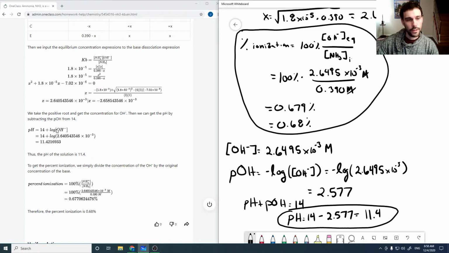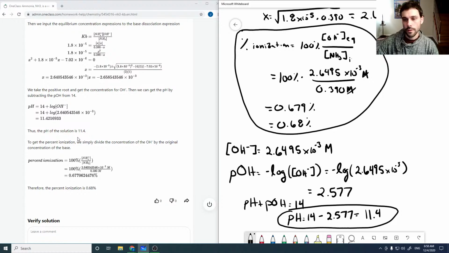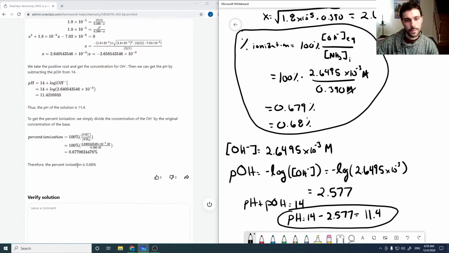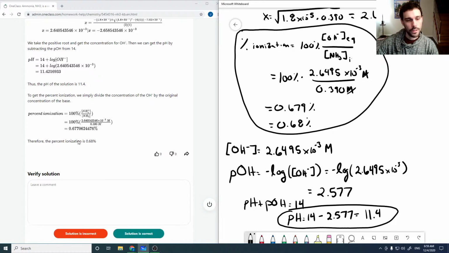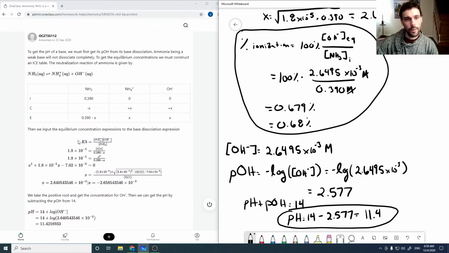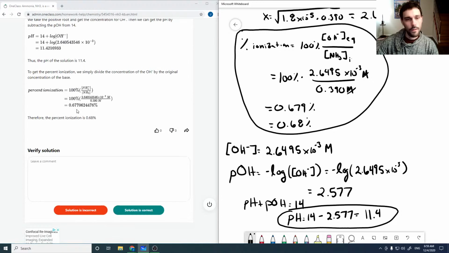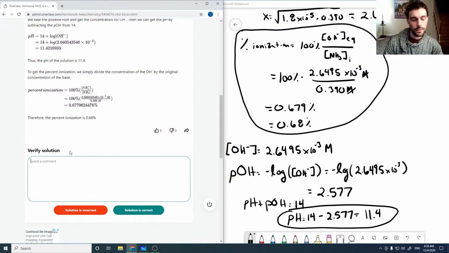If we now calculate our pH, though, it comes out to be the same. And our percent ionization also comes out to be roughly the same. Again, off in the third decimal place. But all in all, this solution is correct. In fact, the solution is probably a little more correct than what I did, but that's okay.